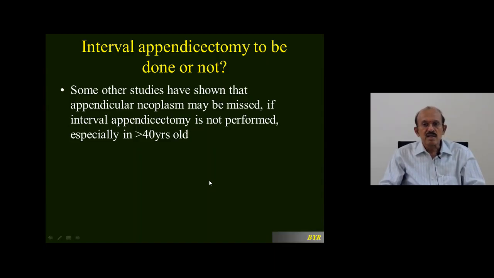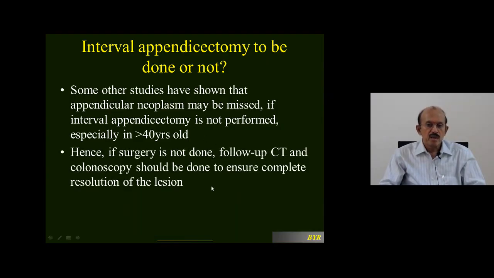What some of the surgeons have noted is that patients more than 40 years old may have a mass in the appendix, a lump due to carcinoma or carcinoid. That may be the cause for acute appendicitis, and you may miss it if you don't do appendectomy. So they strictly advise to do appendectomy.